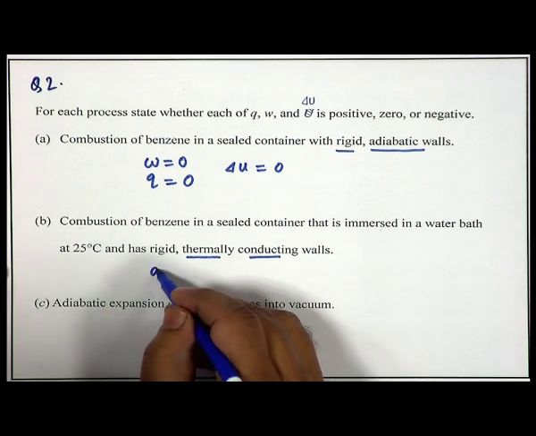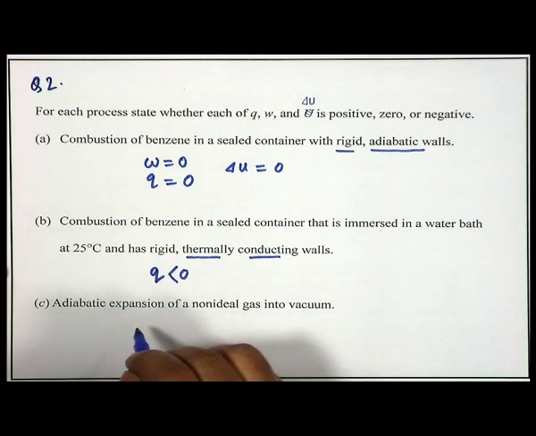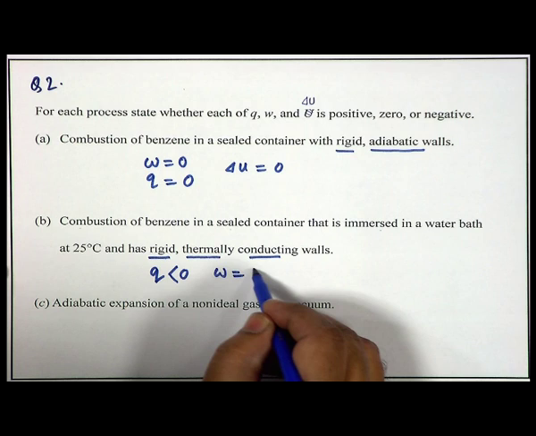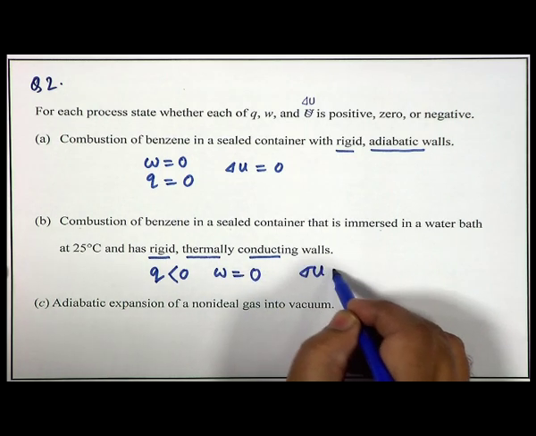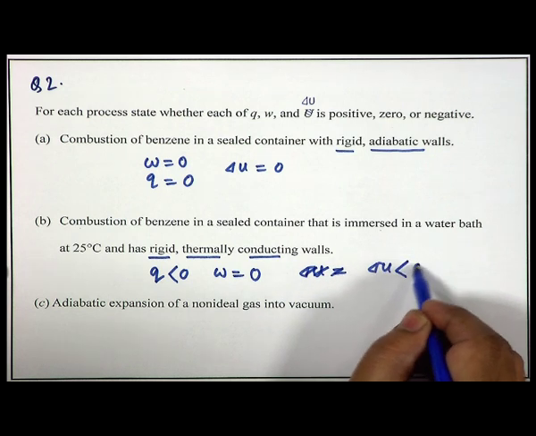So, in this case the system is losing some energy as heat. So, Q would be negative, rigid, so W would be 0. So, del E would be Q plus W, so it would be negative as well.